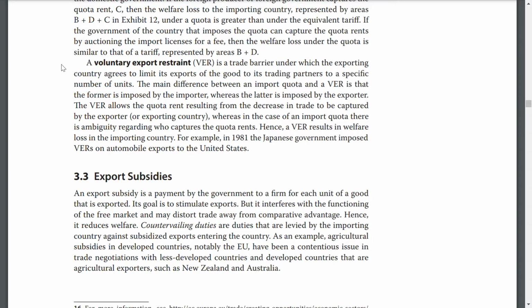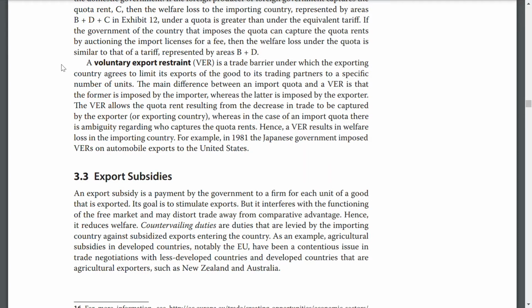The VER allows the quota rent resulting from a decrease in trade to be captured by the exporter or the exporting country, whereas in the case of the import quota, there is ambiguity regarding who captures the quota rents. Hence, the VER results in welfare loss in the importing country. For example, in 1981, the Japanese government imposed a VER on automobile exports to the United States.